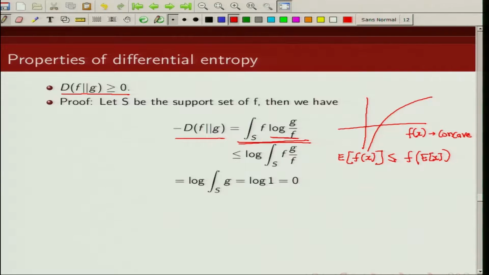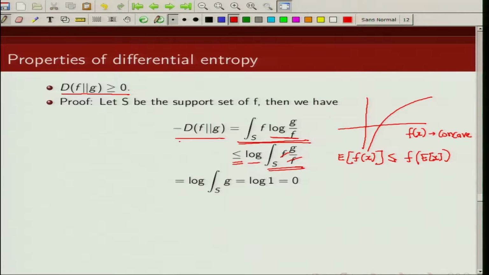So expected value of log will be less than or equal to log of expected value, and this basically is then the integration of g over the support set, which is 1. So log of 1 will be 0. So what we have proved is minus of divergence is less than or equal to 0.